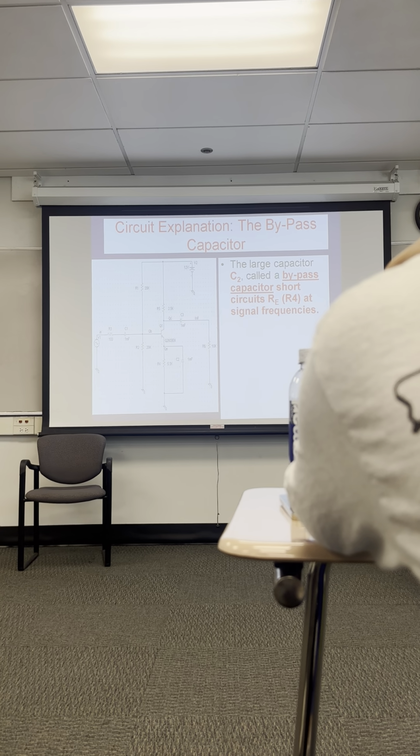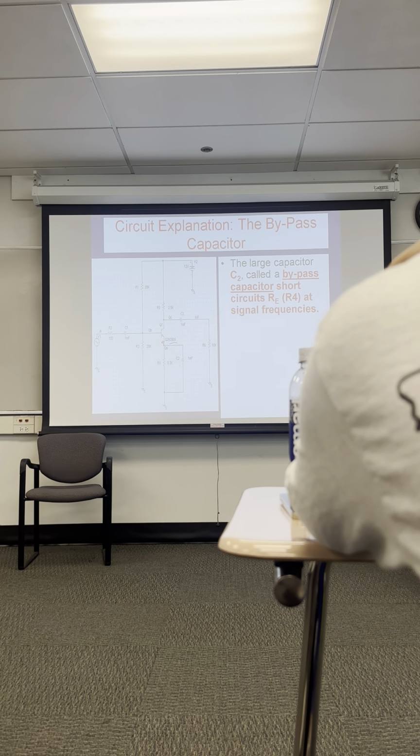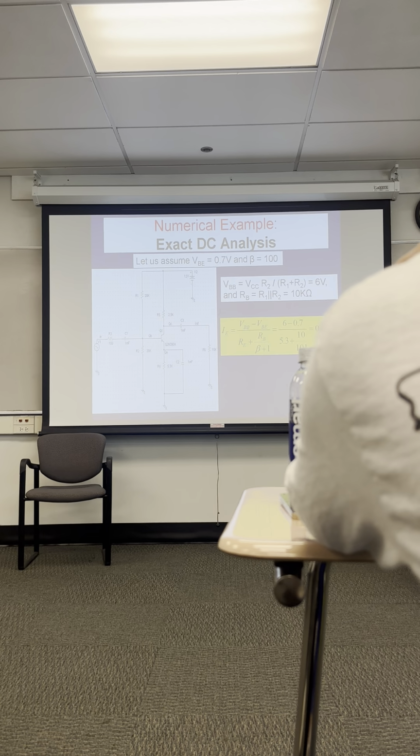So when AC appears on the emitter here, it bypasses R4 and finds a path directly to ground. So you'll find that this R4 is very important in calculating the gain of this amplifier.